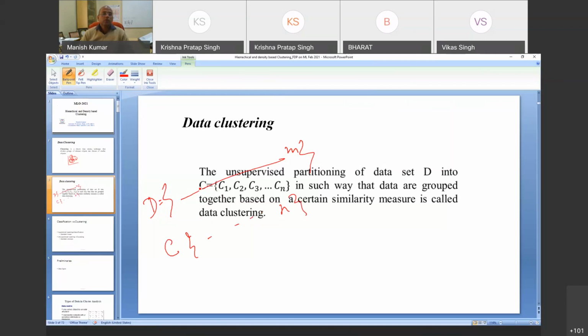What is required is to map each data point into the classes, that is, exactly in which class these data points will belong. That is what we are looking for.